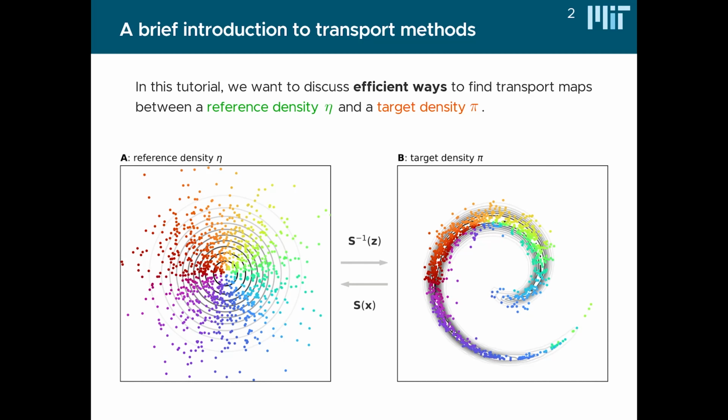And we want to find maps which transform this distribution into a much simpler user-specified reference density, eta, for example, a standard Gaussian. So if we have found this map, there's a lot of really interesting things we can do. For example, we can generate new samples from the target by sampling the standard Gaussian, which is cheap and easy to do, and then applying the inverse map to transform these samples into new samples from the target distribution. That's a form of generative modeling.